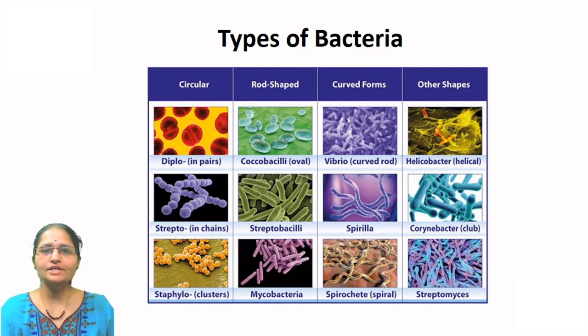Now next is rod shaped bacteria. The rod shaped bacteria which are oval are called cocobacilli. Then the ones which are elongated, rod like, are streptobacteria, and further elongated, they are mycobacteria. Here are curved forms of bacteria. Vibrio, when they are curved rod like.